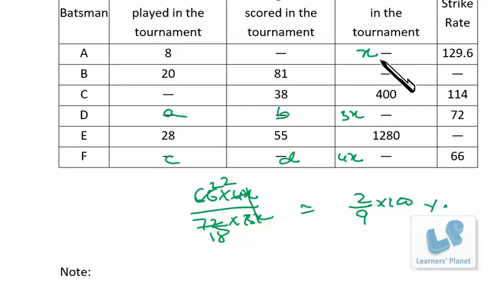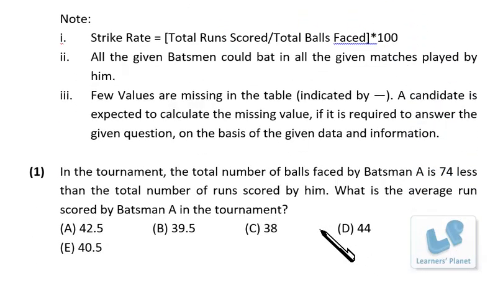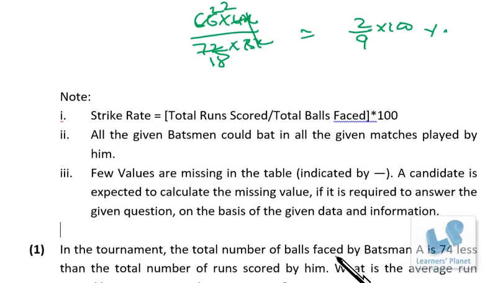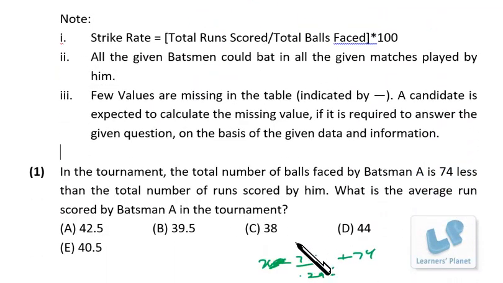That means X will be equal to 74 by 0.296, right? That means the total runs scored will be this plus 74. Now since we have to find the average, the number of matches played is 8. So divide this calculation by 8.